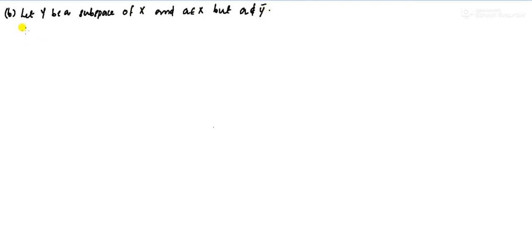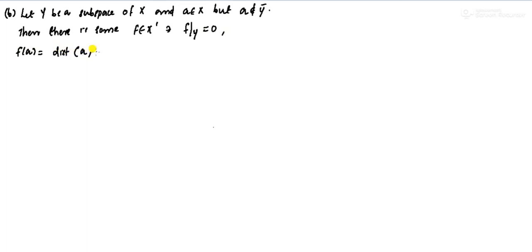Then there is some f in X* such that f restricted to Y equal to 0, f of a equal to distance between a and Y closure, and norm f equal to 1.